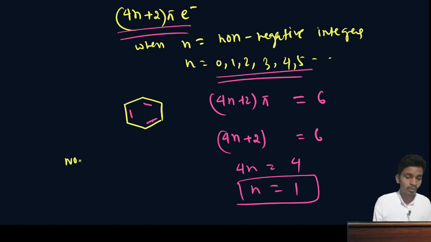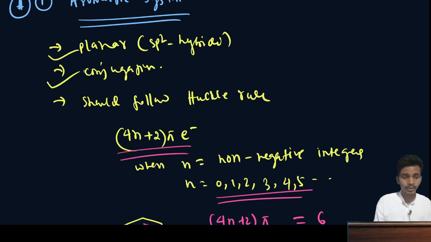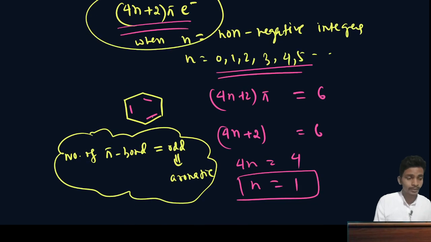Whenever the number of pi bonds, not pi electrons, is odd, the system is aromatic, provided it is planar, conjugated, and follows Huckel's rule. If the number of pi bonds is even, it is anti-aromatic, not an aromatic system. Here 1, 2, 3: three pi bonds, and 3 is odd, so this is an aromatic system.